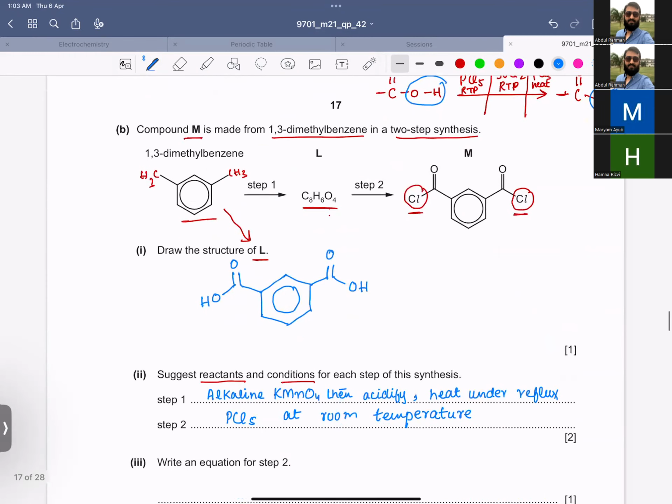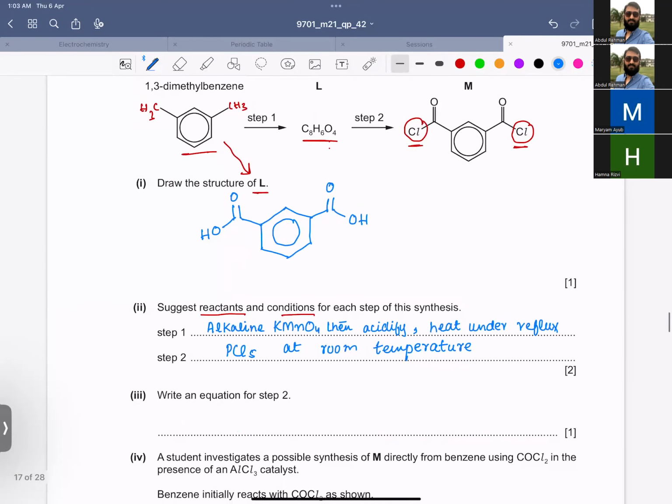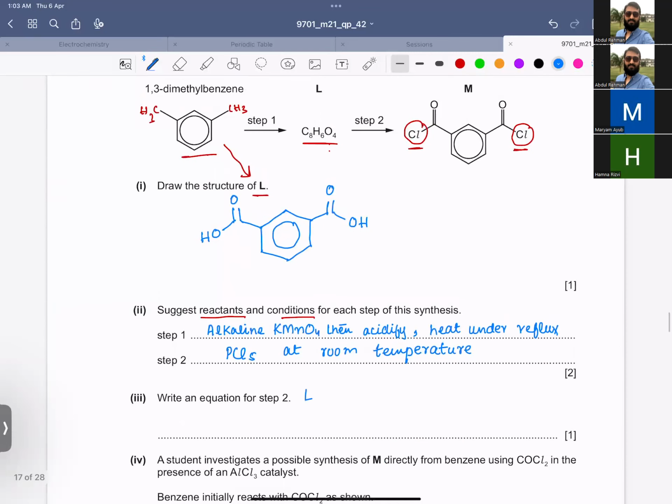Okay. Write an equation for step 2. So in step 2, we have L that is reacting with, for example, PCl5 forming M. Whenever the reaction is with PCl5, the byproducts we get are POCl3 and HCl.